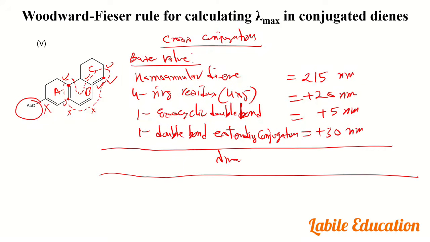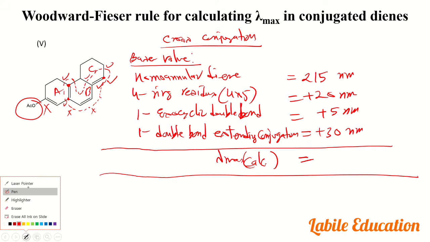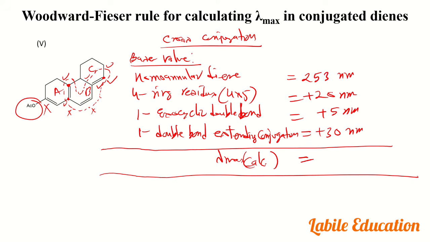So lambda max calculated will be, you can count here, this is not 215, this is actually 253. Yes, this is 253 because homoannular diene contributes 253 nanometer, right?